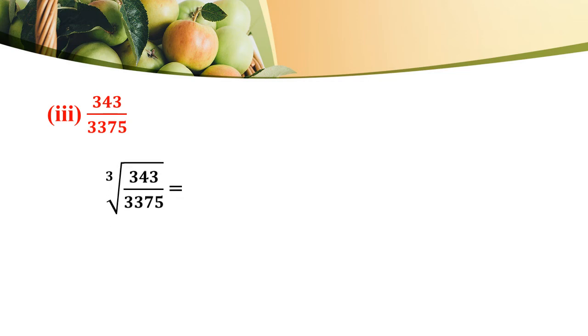Let us learn how to find cube roots of rational numbers. Let us see one example. 343 by 3375. Now we are going to find the cube root of 343 by 3375. First, we should find the factors of 343 and 3375.